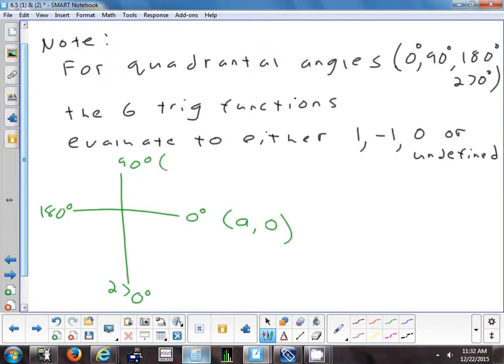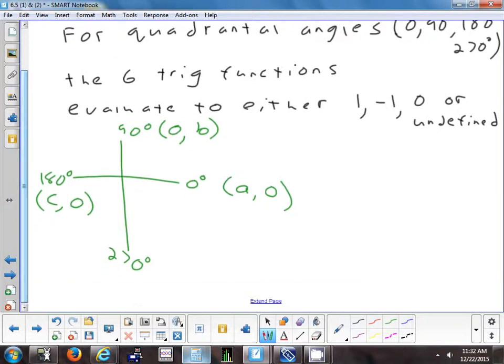For 90, you never go left and right, you just go up a certain amount. For 180, we just go left, and then we don't go up and down. And then for 270, you just go down. Again, A, B, C, and D are some numbers.